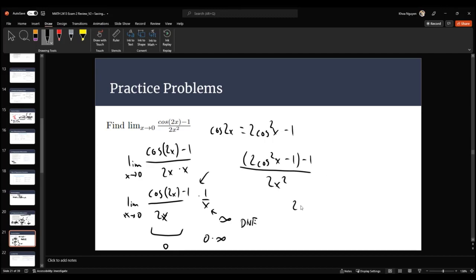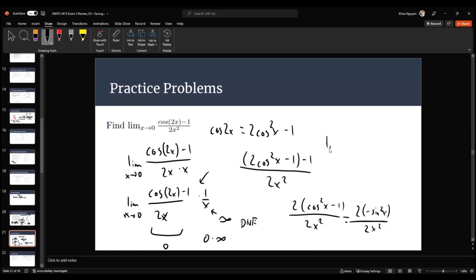And so that gives you 2 times cosine squared x minus 1 over 2x squared, which gives you 2 times negative sine squared. So that's another property that you apply: cosine squared plus sine squared equals 1.